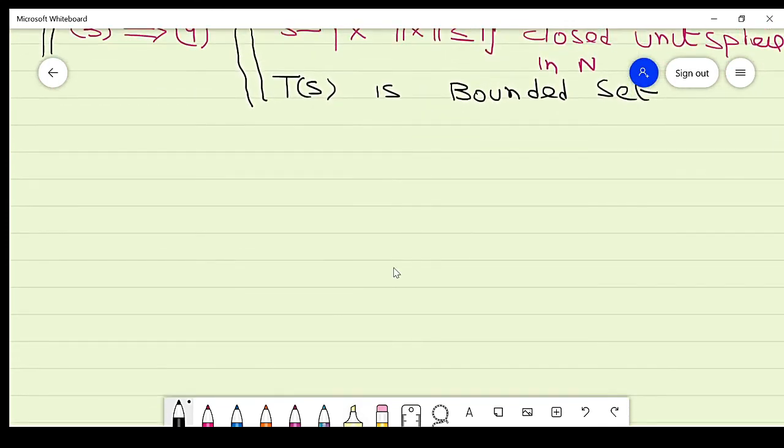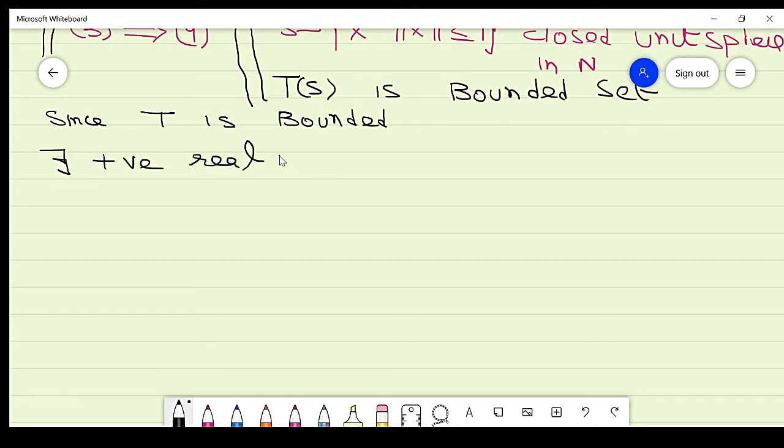Then by the definition of bounded, there exists a positive real number k such that norm of Tx is less than or equal to k into norm of x.